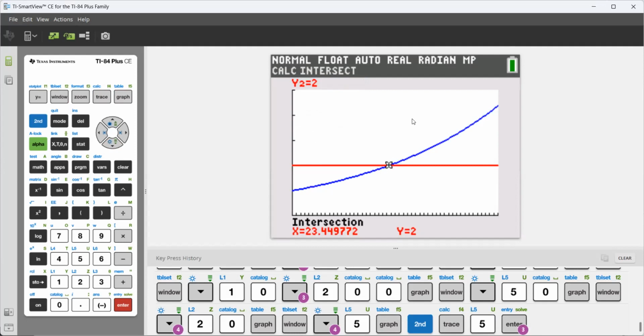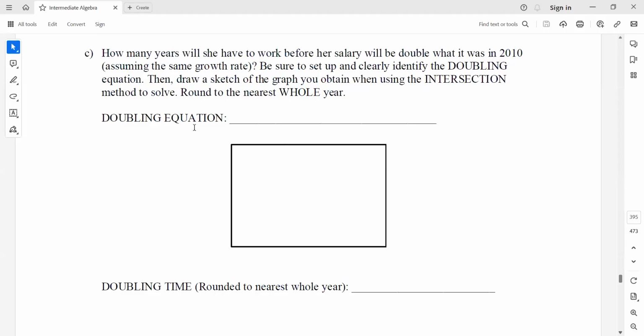All right. So that is it for that. So the doubling equation, you have that as 104,000 equals 52,000 times 1.03 to the power t.